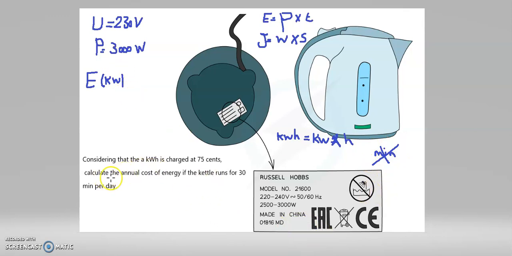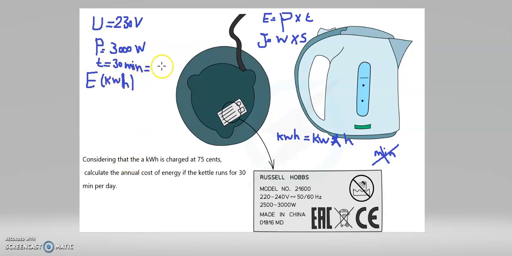It says calculate the annual cost of energy if the kettle runs for 30 minutes per day. So we have time is 30 minutes, but as I said, we don't want minutes, we want in this case hour, because we are going to calculate energy in kilowatt hour.